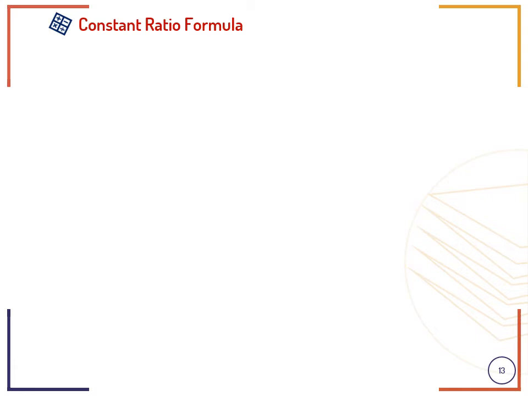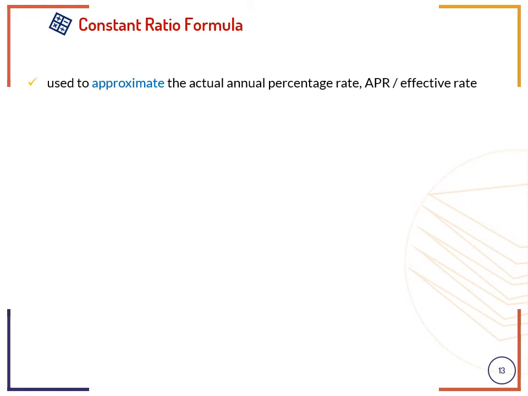Now look at the second method of reducing balance, the constant ratio formula. The constant ratio formula is frequently used to approximate the actual annual percentage rate, APR, or effective rate.